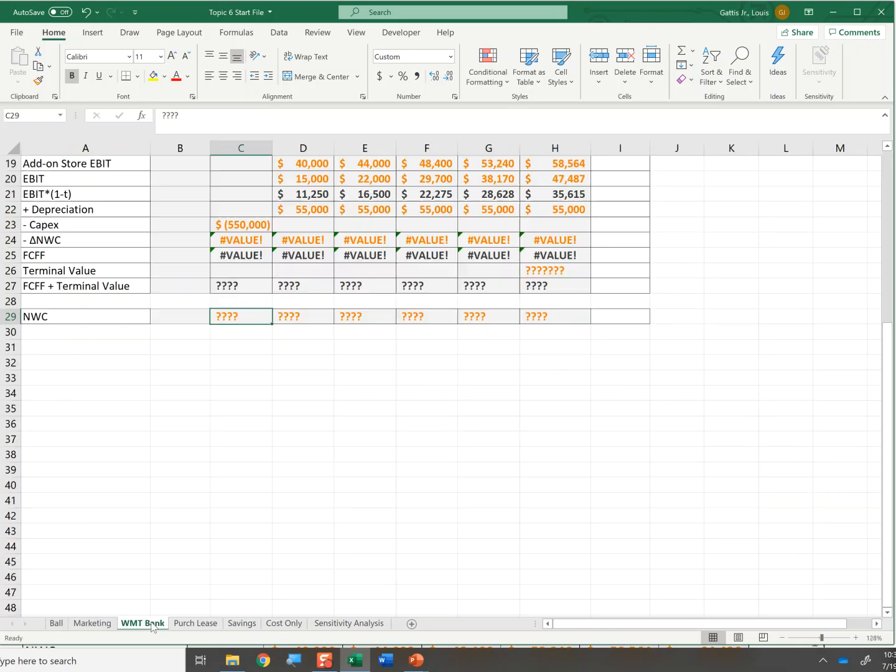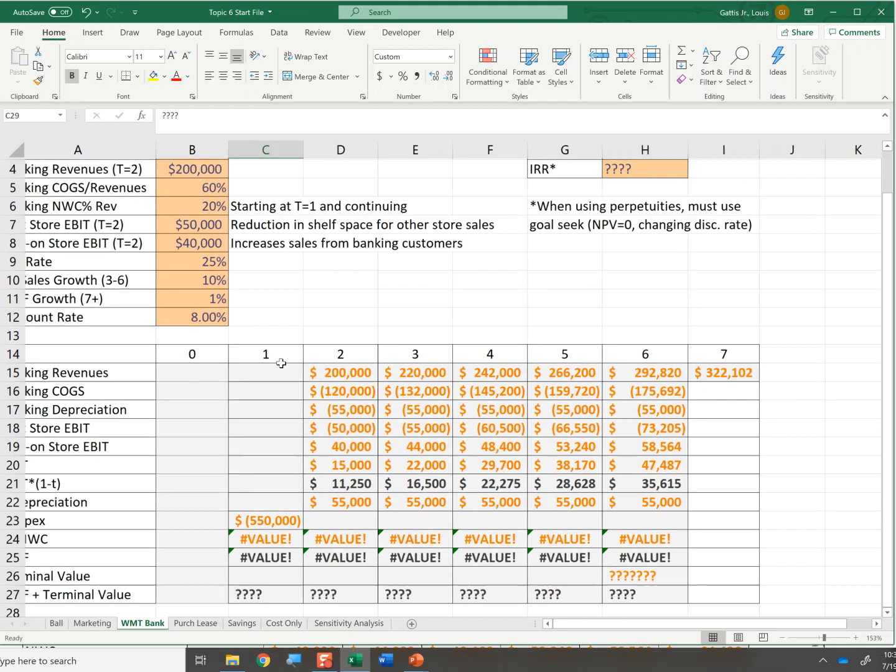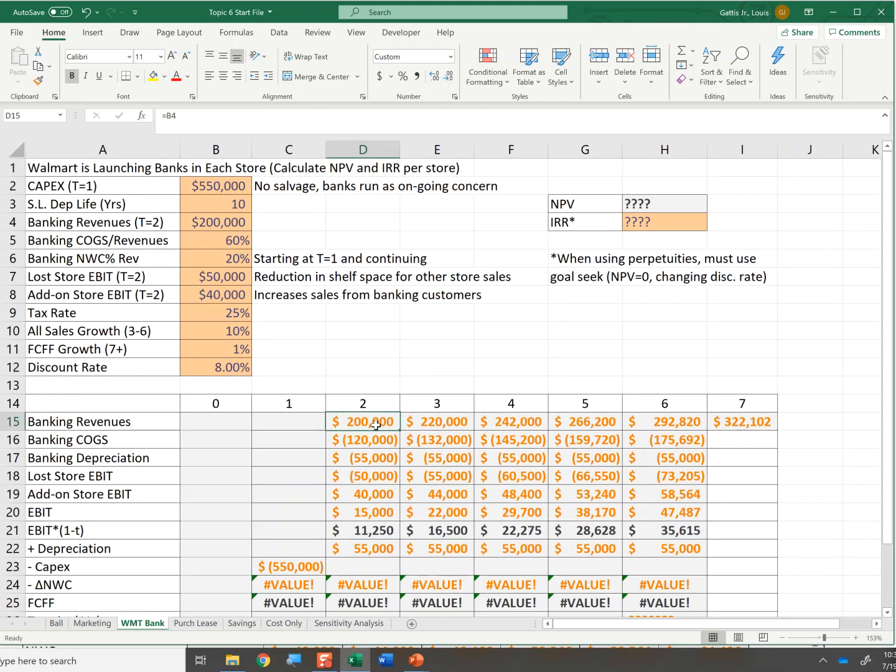So I'm going to go to the Walmart Bank worksheet. Everything's completed for me except for some items at the bottom here. So I have my revenues per year, with the bank starting at 200,000, growing at 10, 10, 10, and 10. I then have my cost of goods sold. I have my depreciation, 10% of CapEx.